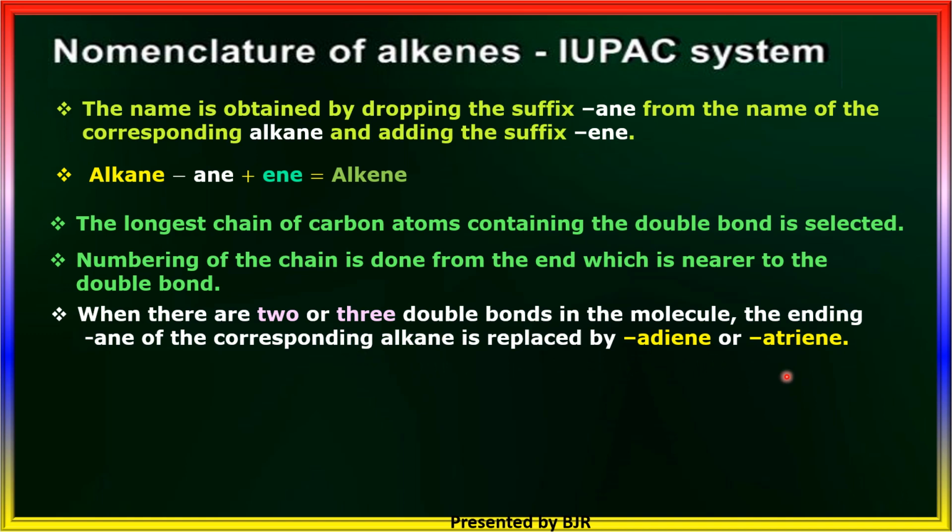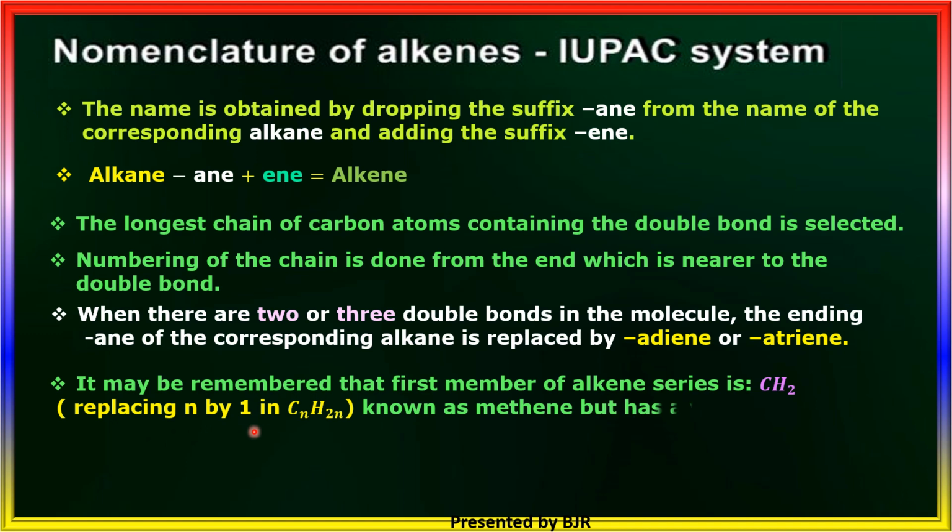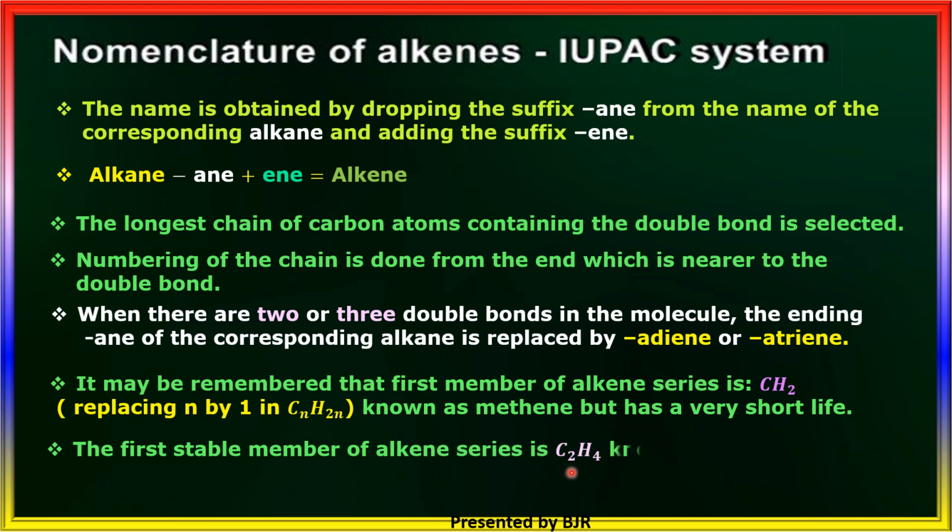When three double bonds are there, it is alkatriene, like this. It may be remembered that first member of alkene series is CH2, replacing n by 1 in CnH2n, known as methene, but has a very short life. The first stable member of alkene series is C2H4, known as ethylene, common name, ethene, IUPAC name.